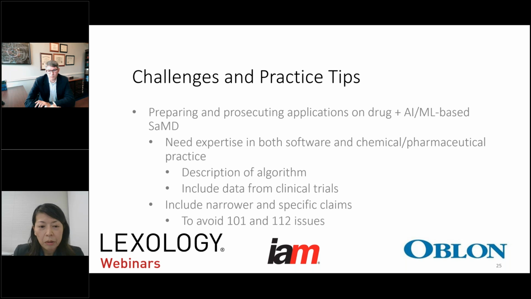So just like that, you want to have the structure of the algorithm described in certain ways, but I don't think you necessarily need everything in the description and the specification. But those are the things that we should be thinking about as we go on working on the AI-related inventions.